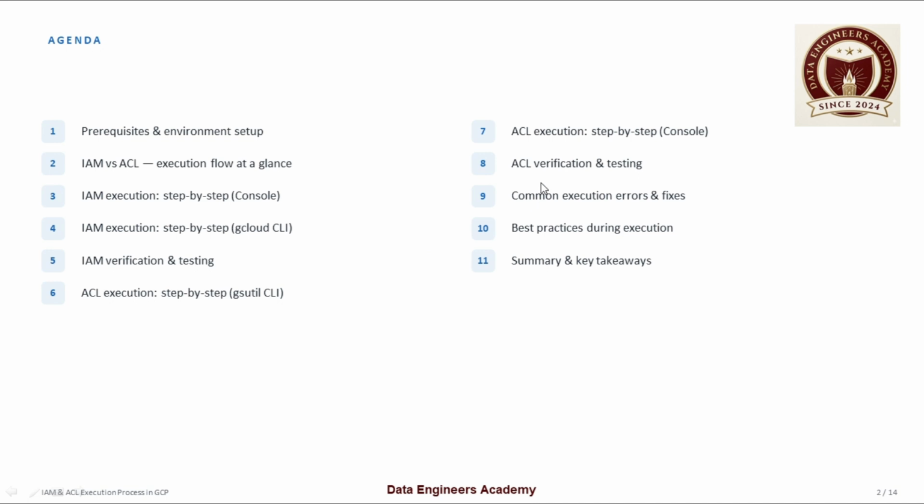After that, we will move to ACL execution and verification, look at common execution errors and fixes, and finally discuss some best practices and key takeaways. So this is today's agenda.